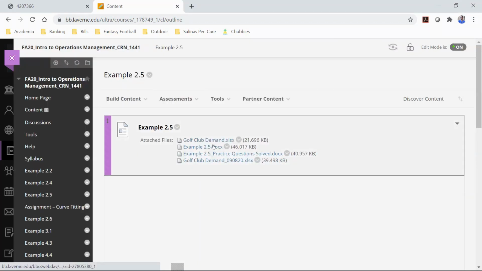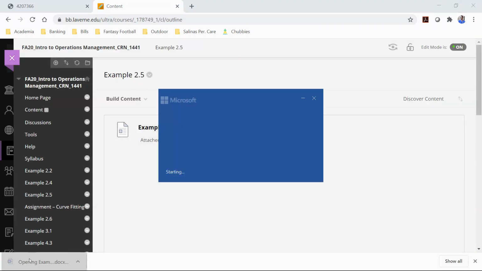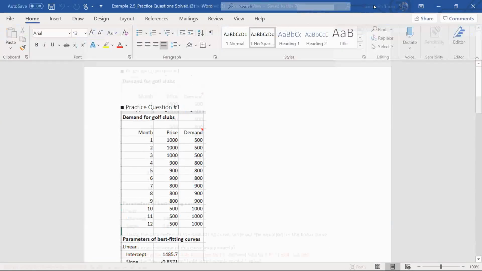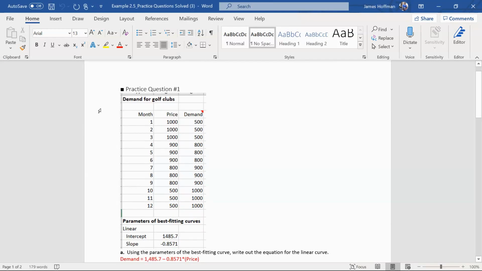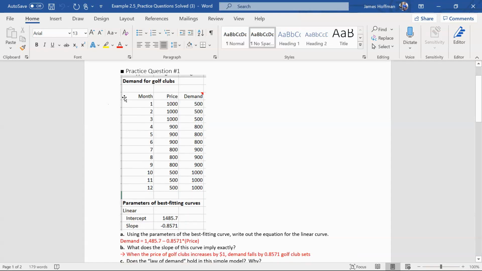Okay, so I'm under example 2.5. I'm opening up example 2.5 practice questions solved. These are not too bad, but make sure you understand this because you'll need it for the curve fitting exercise that I'm about to show you.